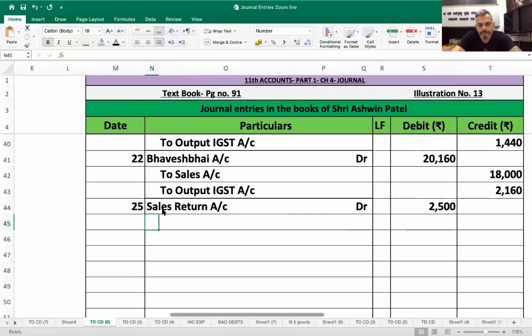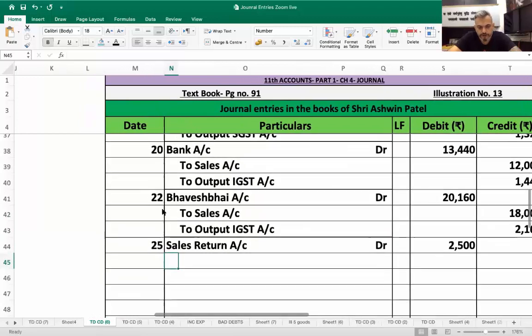नाउ सेल्स में हमने आउटपुट यूज किया तो सेल्स रिटर्न में भी हमें आउटपुट ही यूज करना पड़ेगा.